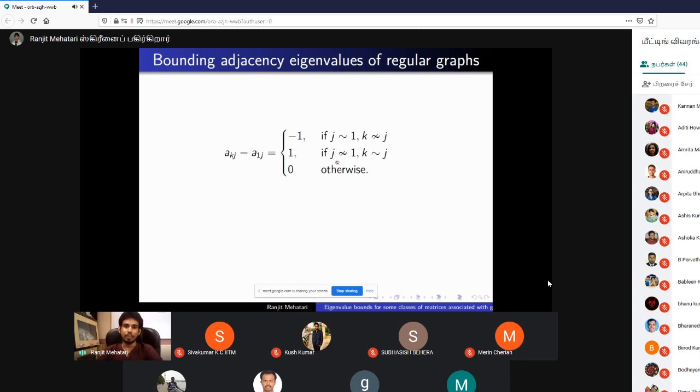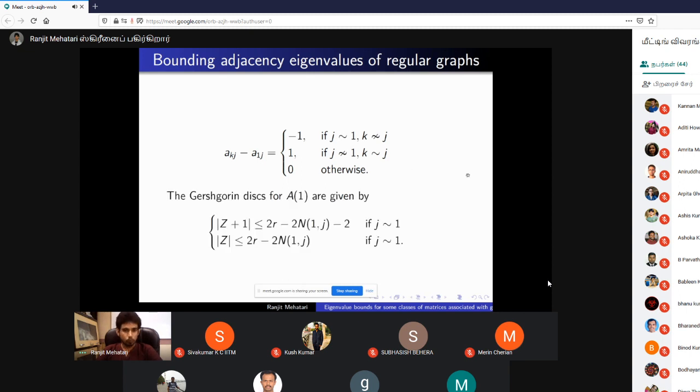That will be 1 if j is not connected to 1 and k is connected to j, and that will be 0 for all other cases. Now we consider two cases: first the disk centered at minus 1, and then the disk centered at 0.